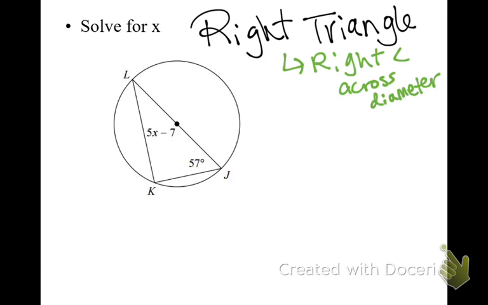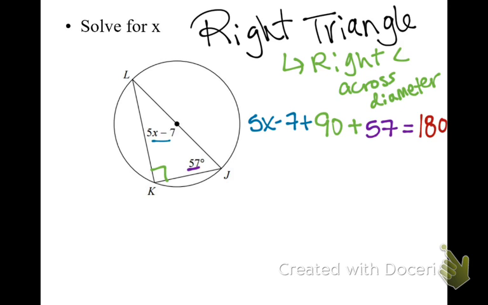So that being said, which of these is our right angle? What do we know about the three angles in a triangle? They add up to 180. So take each of them. 5x minus 7 plus 90 plus 57, and they equal 180.